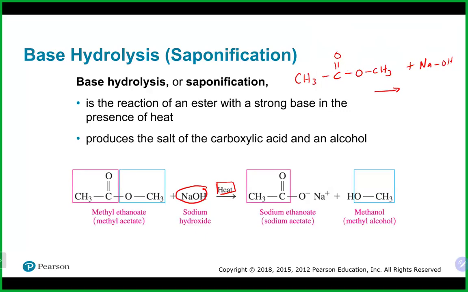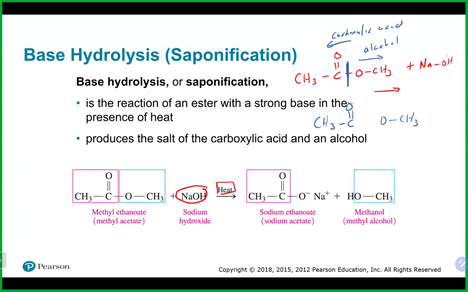We're going to drop it right there. And that's going to give us here our carboxylic acid part, and that's our alcohol part. Now, in this case, we actually still get the alcohol back.